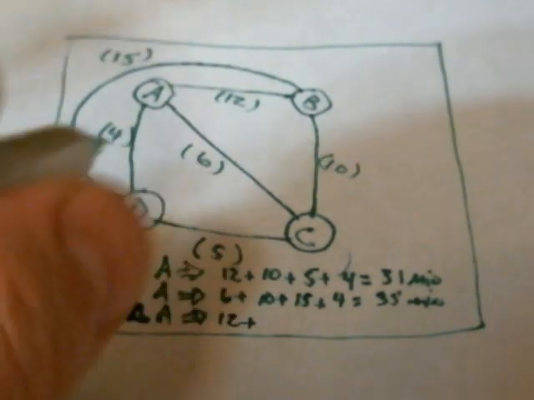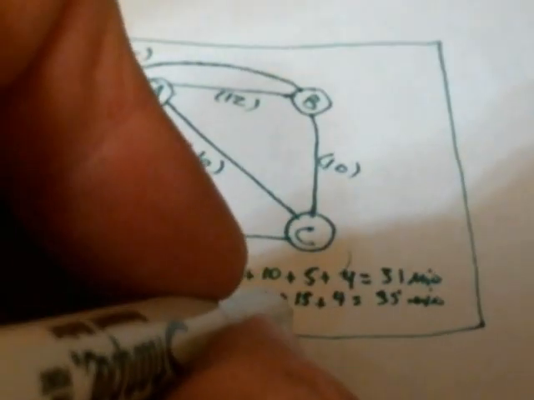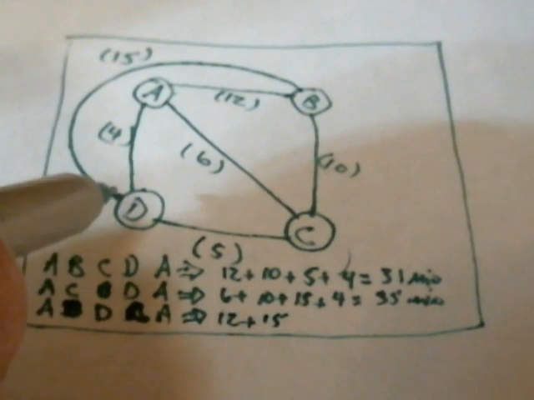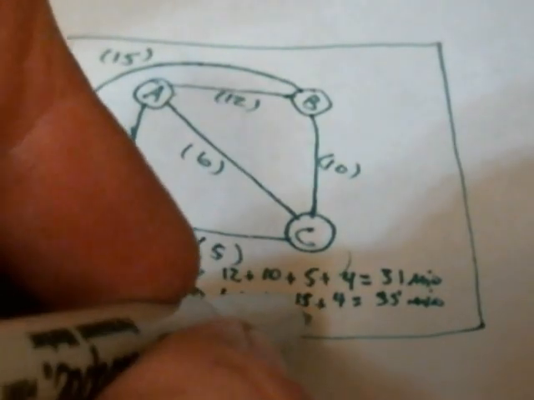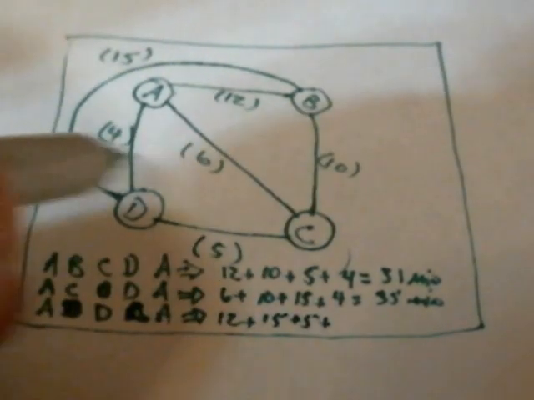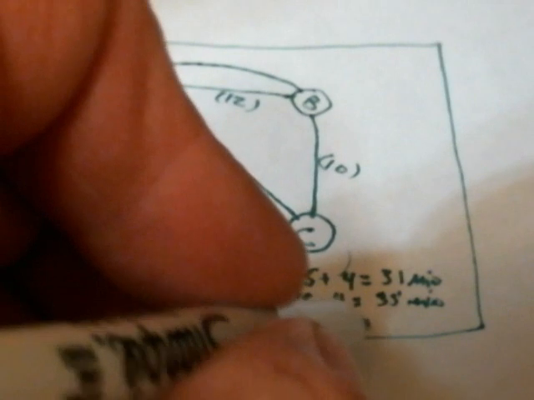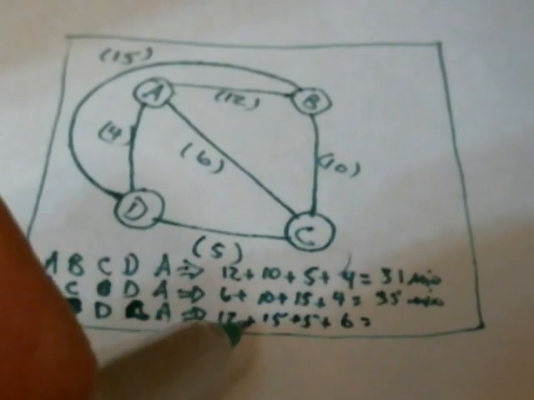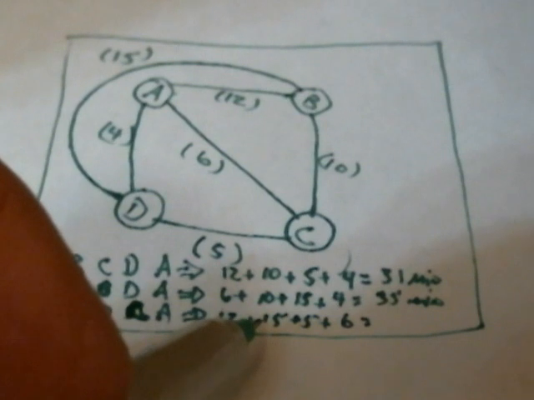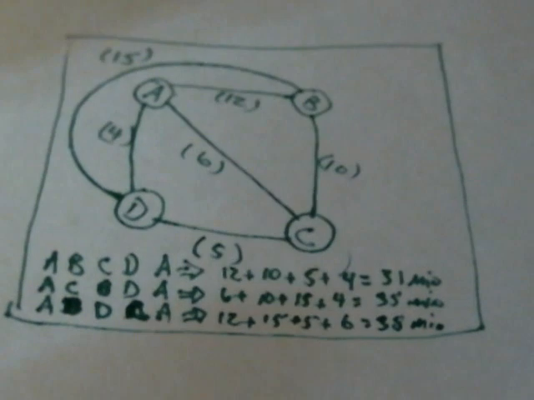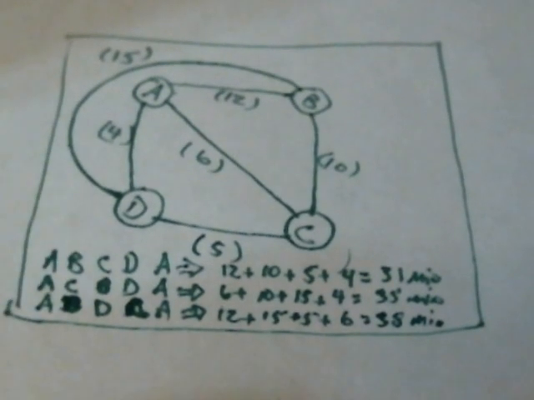Then from B to D, looks like 15 more. From D to C is 5. And then from C back to A would be 6, for a total of, looks like 38 minutes.